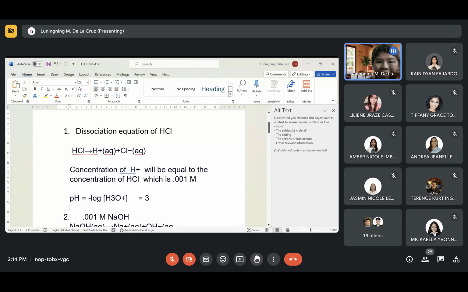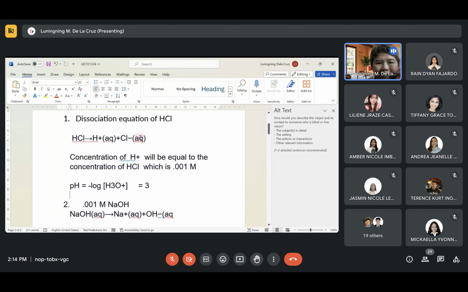There is no pOH in hydrochloric acid because, as you can see from the equation, there are no hydroxide ions. Is this clear, class? When hydrochloric acid dissociates, it will produce hydronium ion and chloride ion. There is no hydroxide, so we cannot write the pOH for this one.